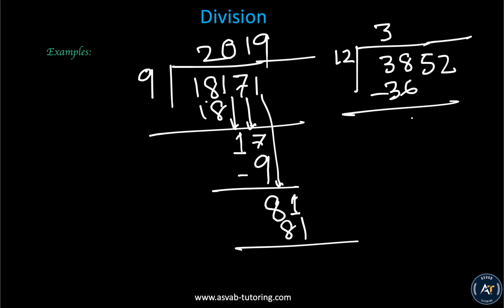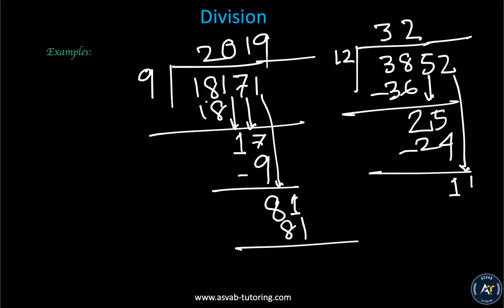Subtract it. You get 2. Bring this 5 down. 12 goes into 25 2 times. So 12 times 2 is 24, and then subtract it. You get 1. Bring this 2 down. So 12 goes into 12 1 time. Make sense? So let me give you some practice problems. You try by yourself, and if you know how to do all the examples I did, you definitely could do that.